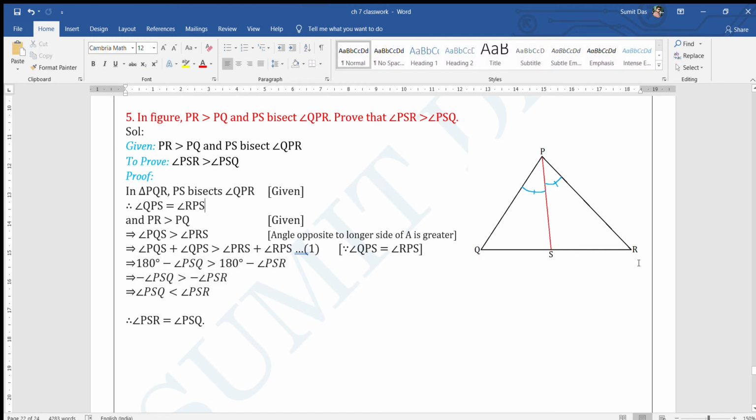Now in triangle PQS, what can we write? PQS plus QPS, the sum of these two angles, will be equal to 180 degree minus this, right? Sum of this angle and this angle will be 180 degree. Okay, wait.